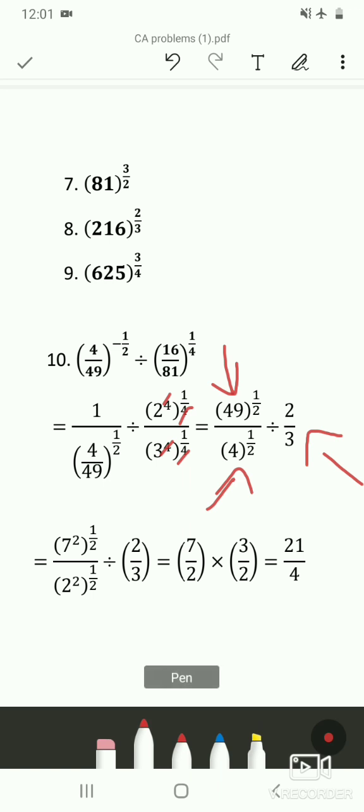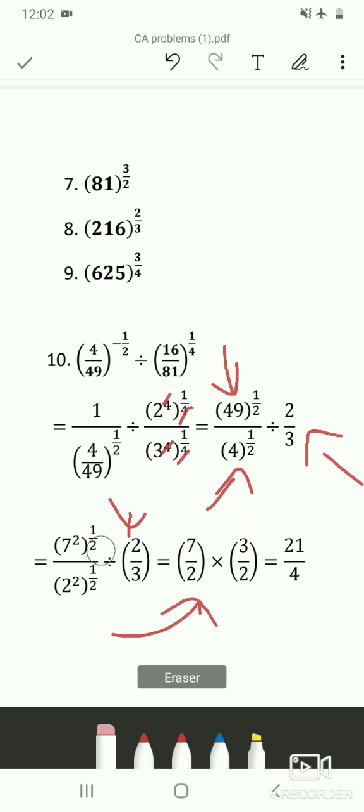again we have used the same law, that is a power m whole power n can be written as a power mn for both numerator and denominator, and this 2 and this 2 gets cancelled. Similarly in the denominator, so here we are left with 7 upon 2, and this term is as it is.